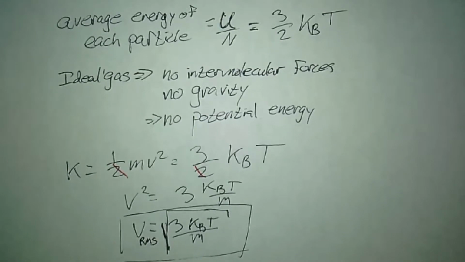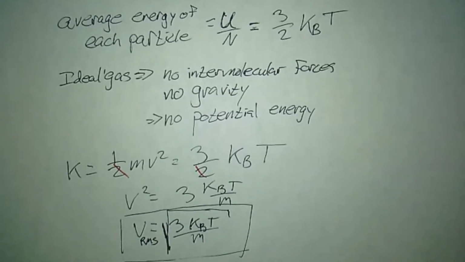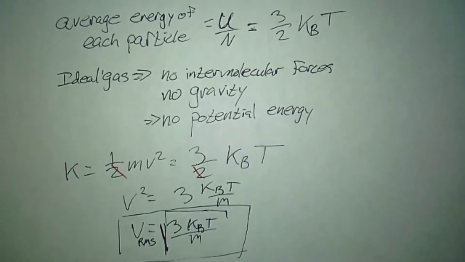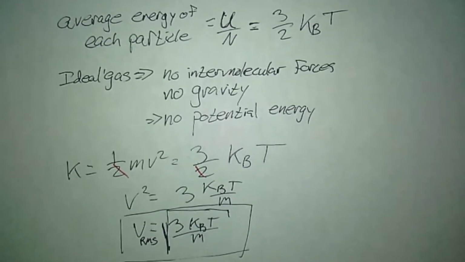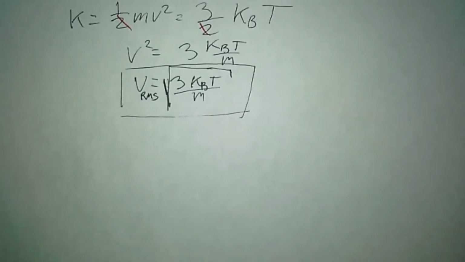So what can we do now that we know that? Well, knowing that, I can probably calculate the collision with walls and how much force they deliver. Do you remember before when we did a problem of a ball bouncing off a wall?